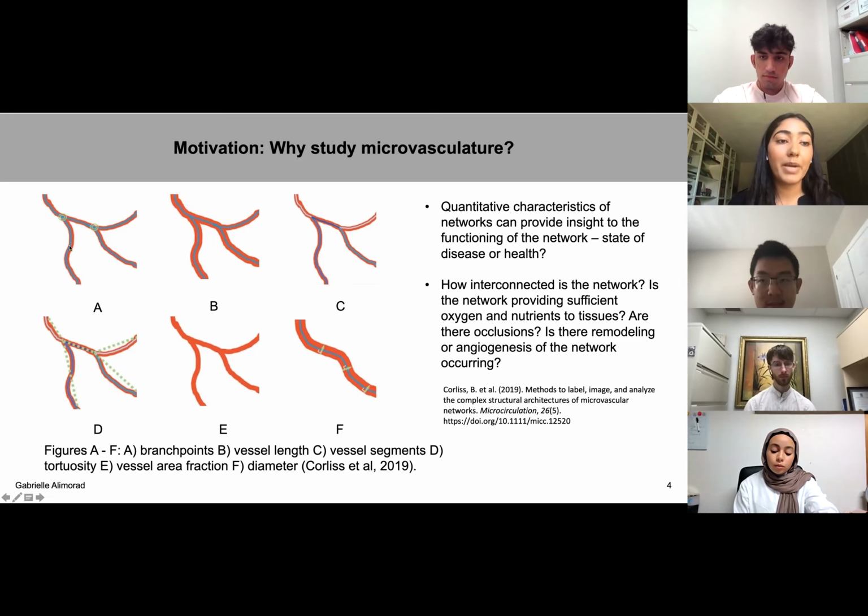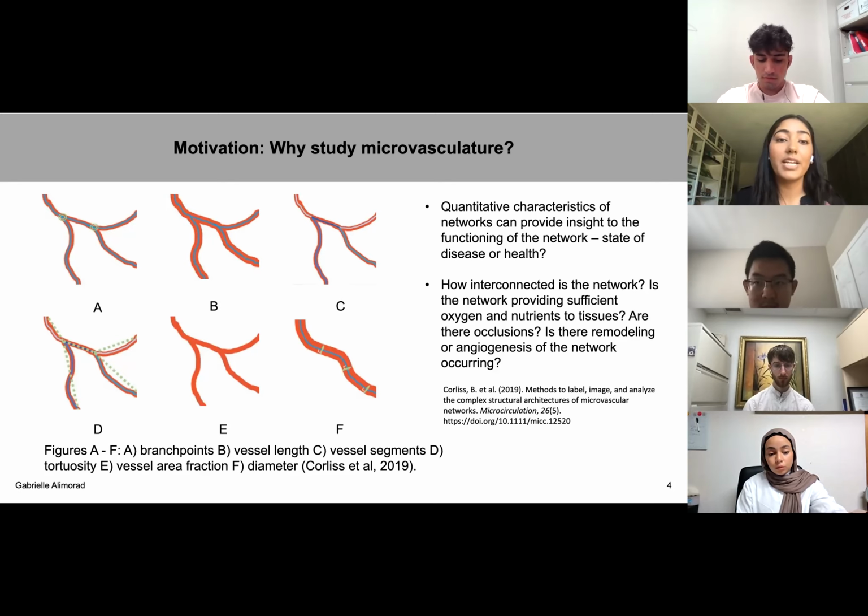For example, with bifurcations, they actually let you know how interconnected a network may be. And by knowing this, you can sometimes estimate what might happen to a network as a whole if an occlusion were to occur and how much damage there might be in that case. So you can also use these metrics comparatively over time or by analyzing different states of a disease.